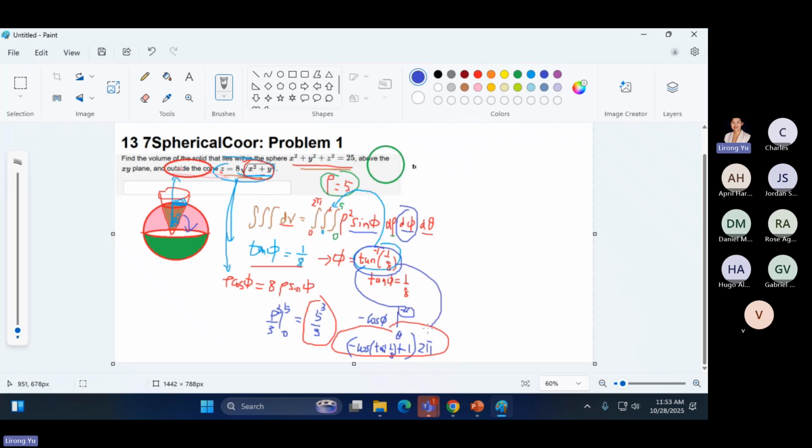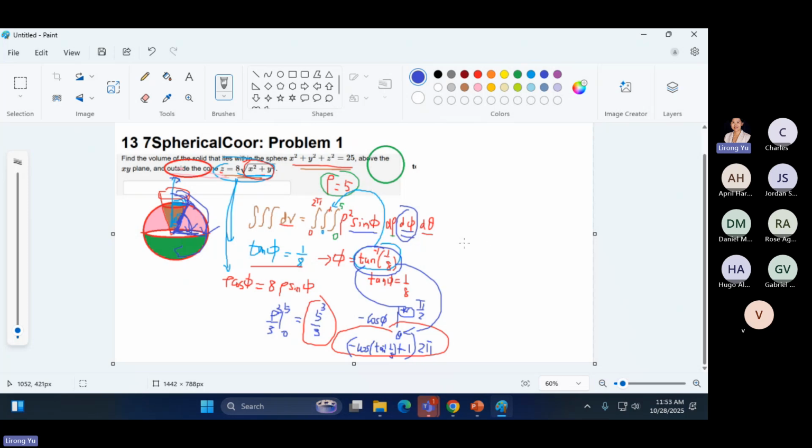This is going to be the lower limit, tangent inverse 1/8, and then the upper limit should be pi over 2. This is 90 degrees, because phi represents the angle rotating from the z-axis. This is pi. So we go from here to here. That's the integration limit for phi.